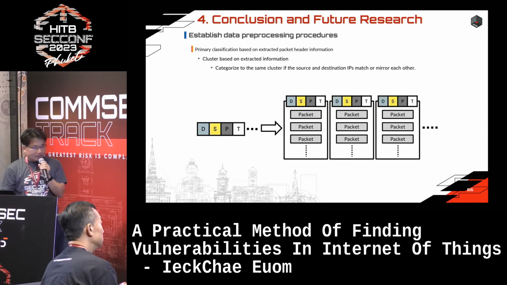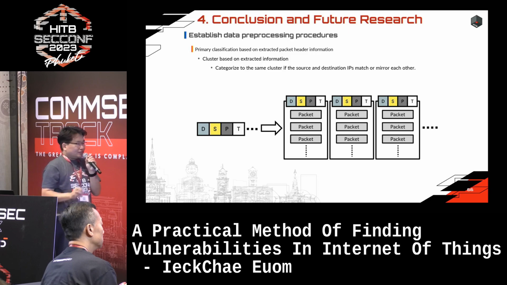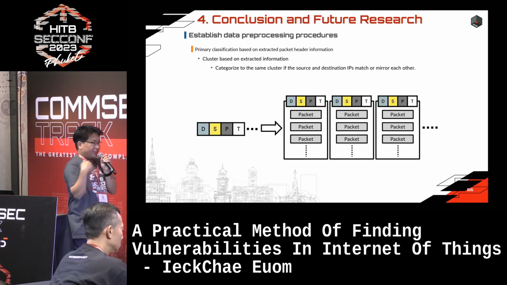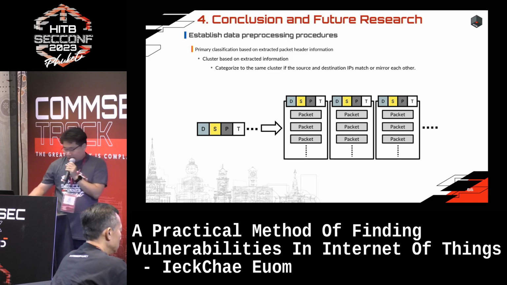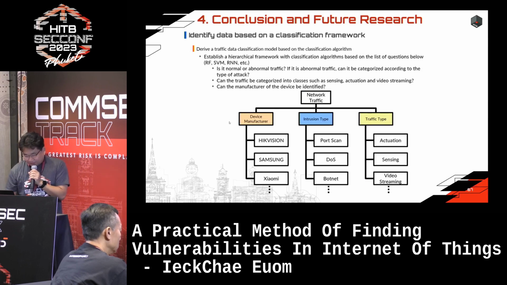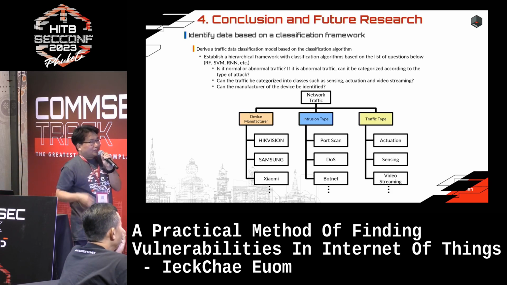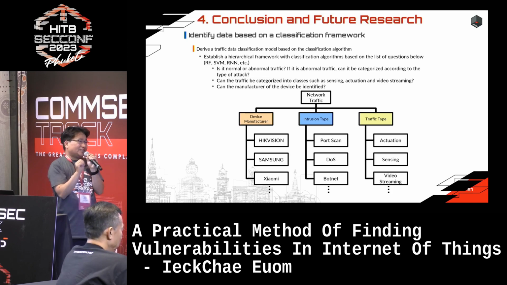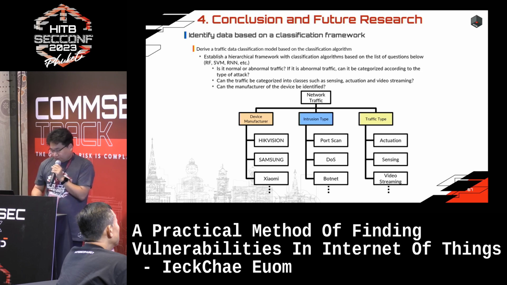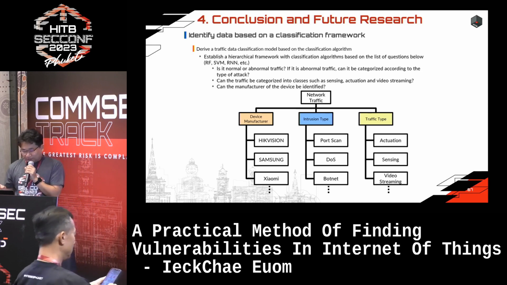So we can find this first: what device is using this area? First, we can classify the device manufacturer. So which device is it, Hikvision, Samsung, or Xiaomi? And then what is the major intrusion type, like DoS or port scanning or malware, like a botnet? And what is the traffic type?